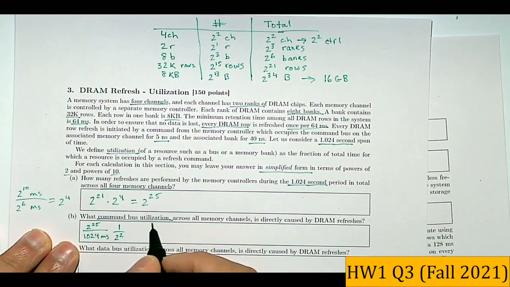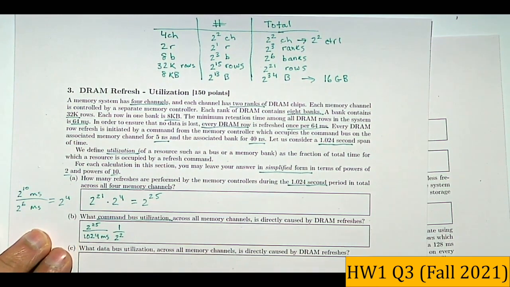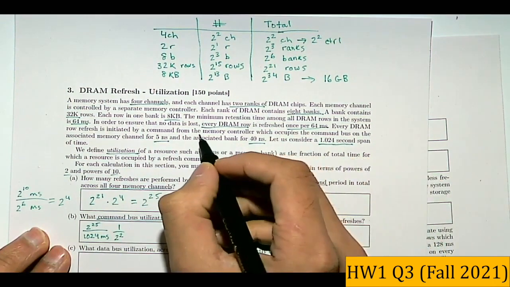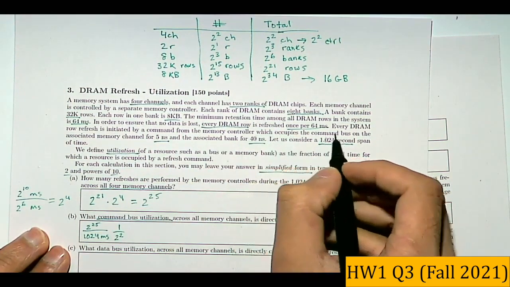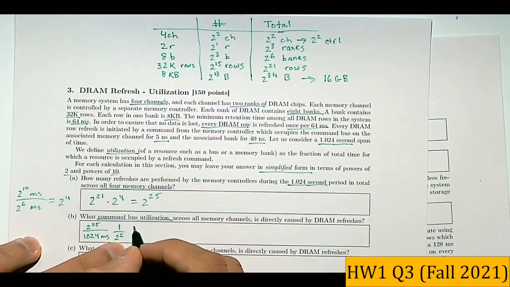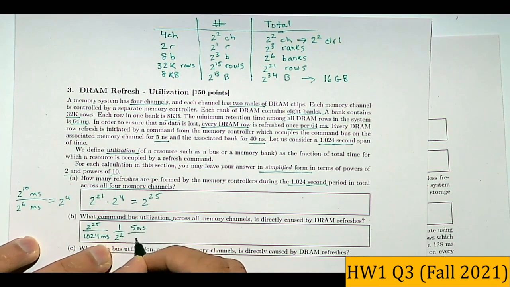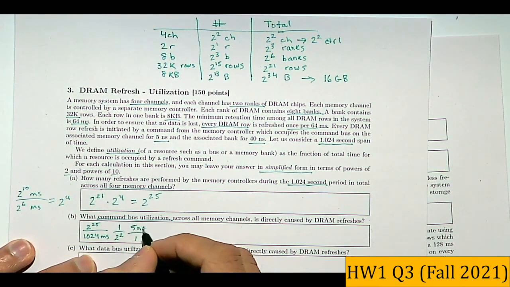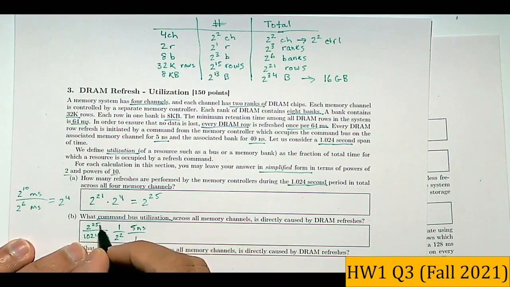And we want to know the utilization across that period, right? And so this information over here told us that every time a refresh operation happens, the command bus is occupied for 5 nanoseconds, right? So if the time units are down here, we have 5 nanoseconds for every single refresh command, right? And so the time units here cancel each other, right? So we have time and time, and this is number of refreshes.